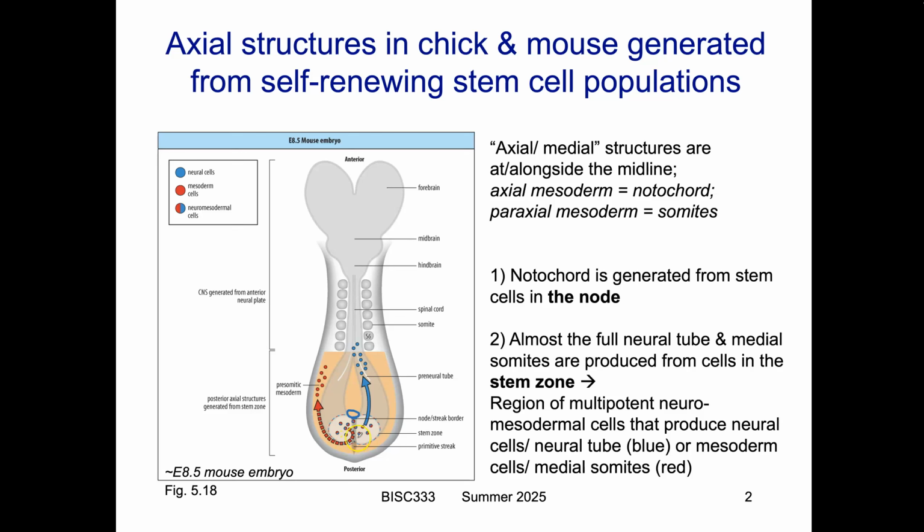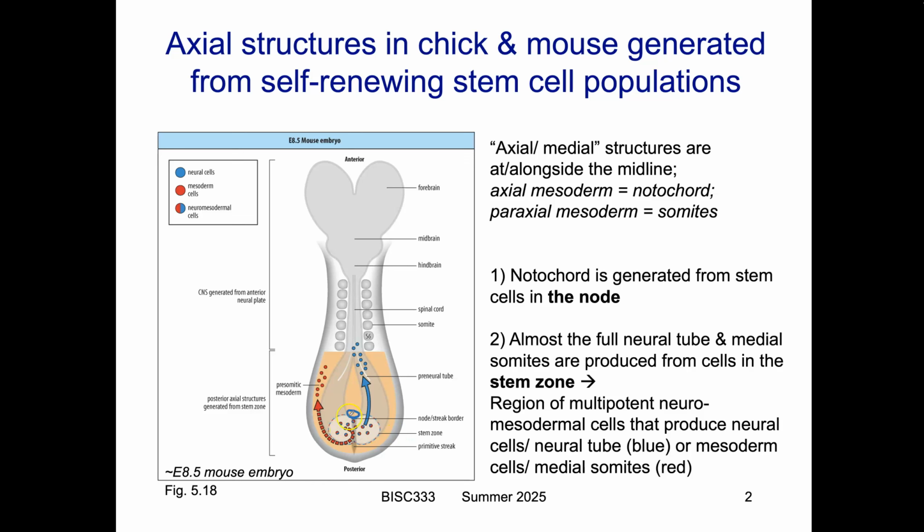Remember that in the mouse embryo, cells are moving towards the anterior through the node, whereas in the chick, Hensen's node starts at the most anterior part of the primitive streak, but then moves back towards the posterior again. So those movements are different, but what's happening is very similar.